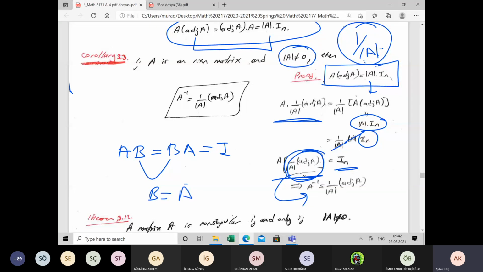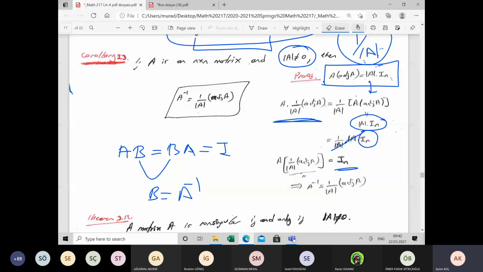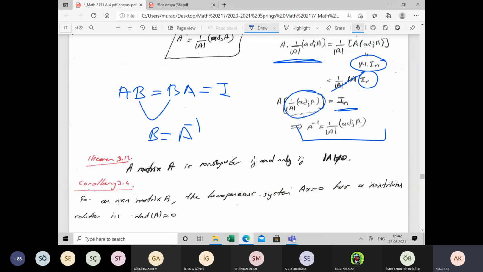Here B is this matrix, and this matrix is the inverse of A.